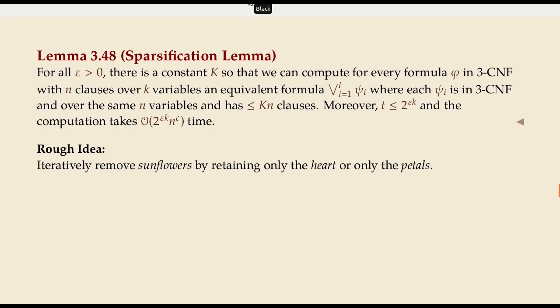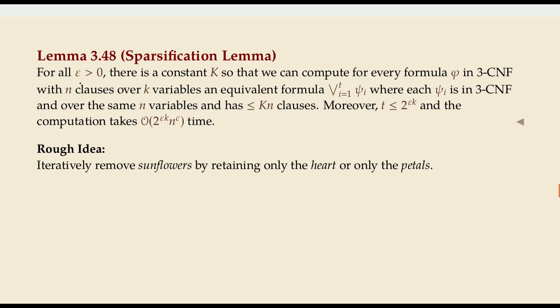Now this is the technical part. We can actually transform any 3CNF formula into one where the number of clauses is linear in the number of variables, but we will have to live with an exponential blow-up in a different sense.